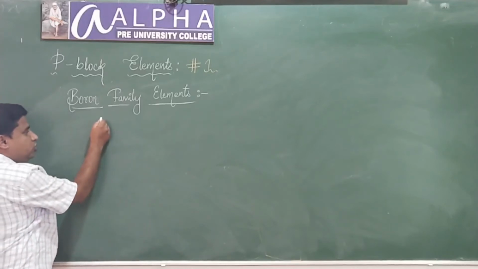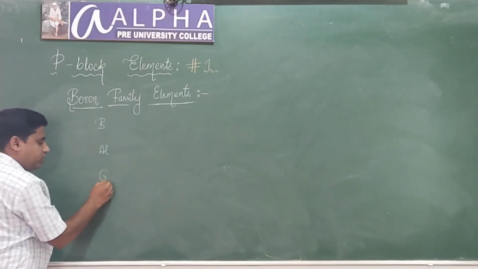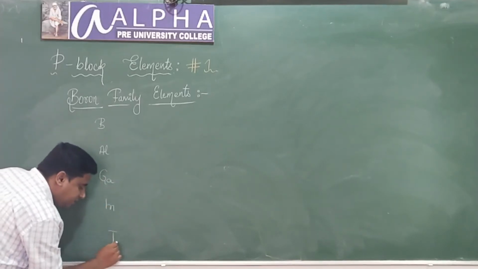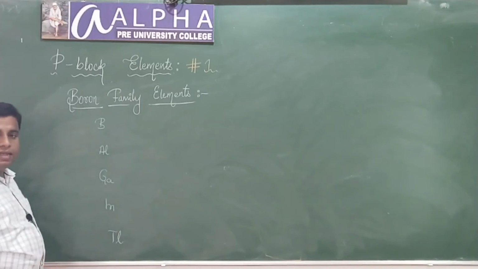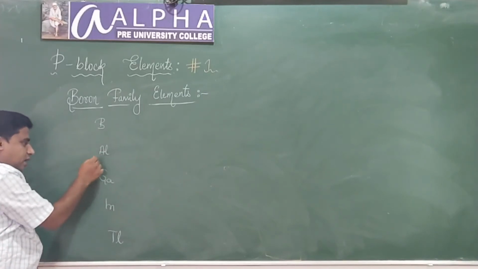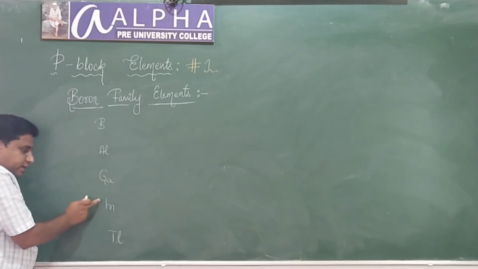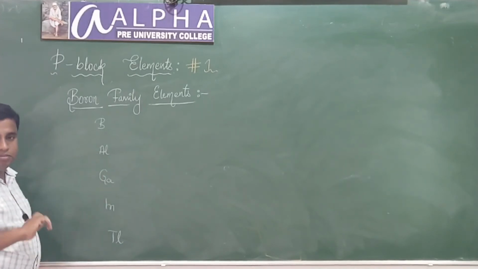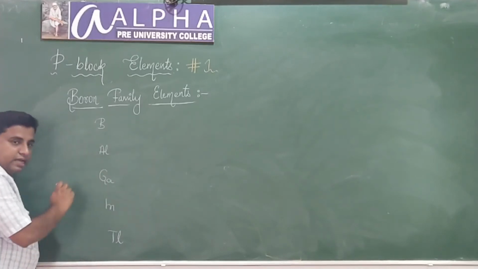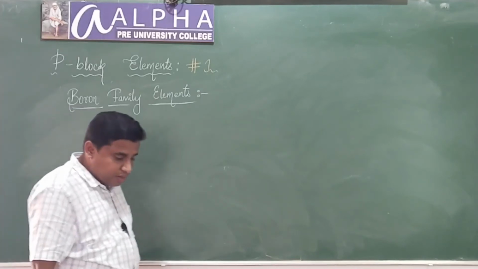They are boron, aluminium, gallium, indium and thallium. Can you remember Bal Gangadhar Tilak? Bal Gangadhar in Tilak. Please remember that way. So we have these elements of group 13.